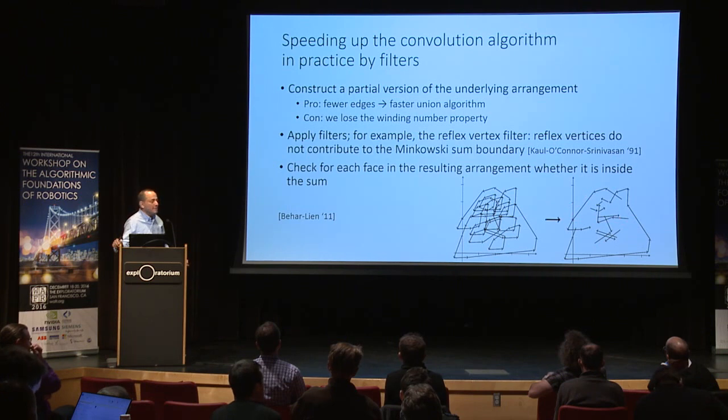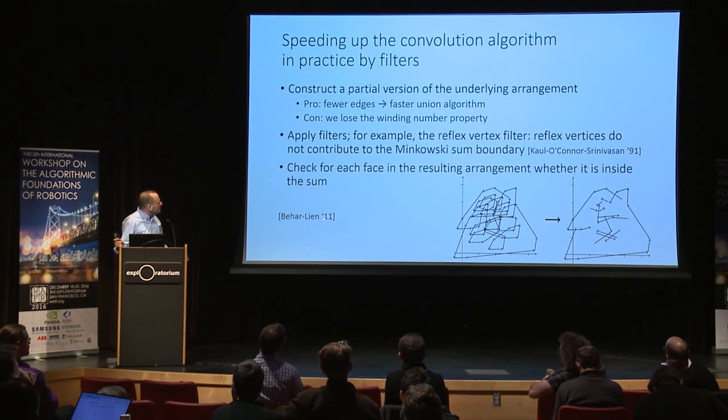However, what happens here, if you throw away edges, you lose the nice cycle and winding number properties. So Behar and Lien said, don't worry. We will find other ways to tell you which faces belong to the sum and which faces do not belong to the sum. And it's an effective filter to construct the Minkowski sum using the convolution method.